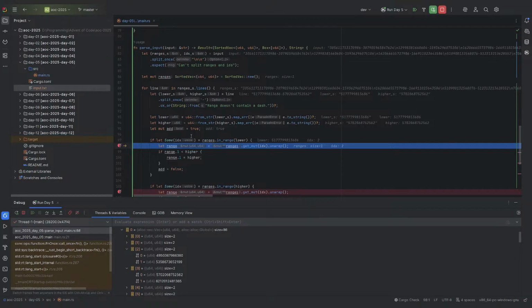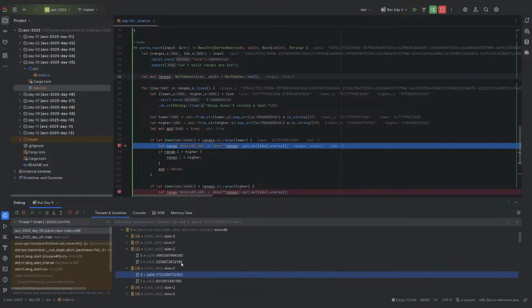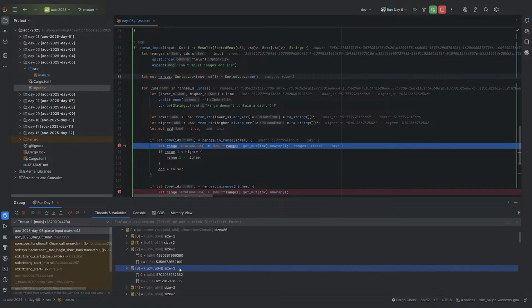Why are you in here already? That is a very good question. Why is this range already in here? This is not. So by the end, these two should be joined together, but they're not.